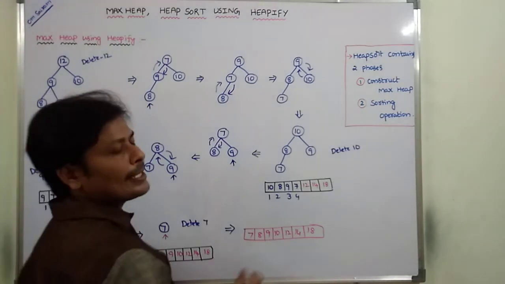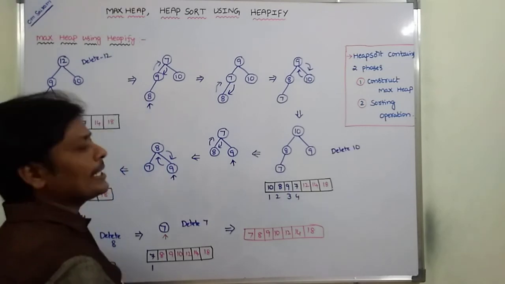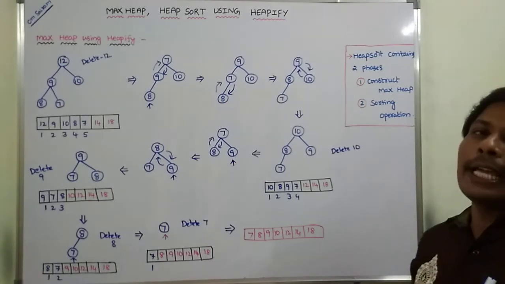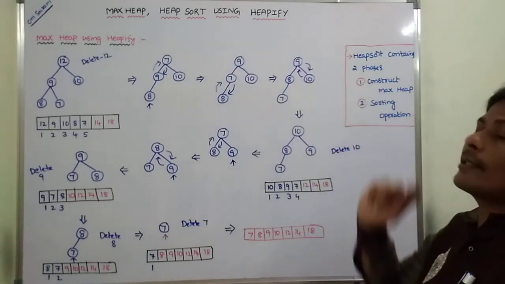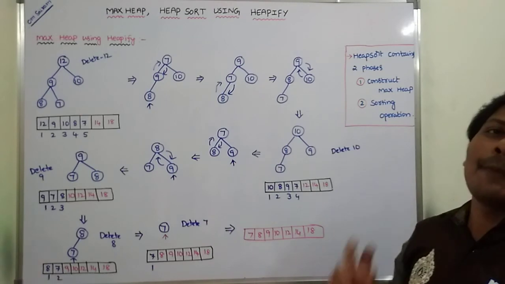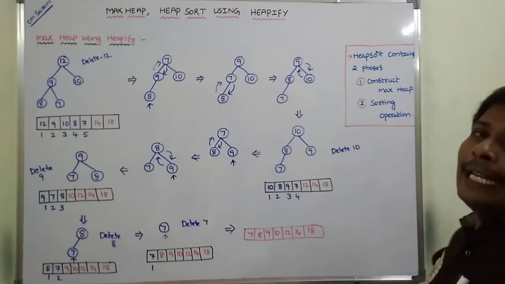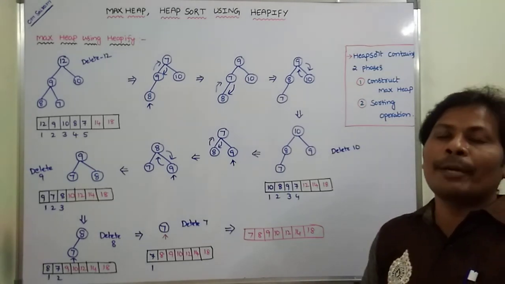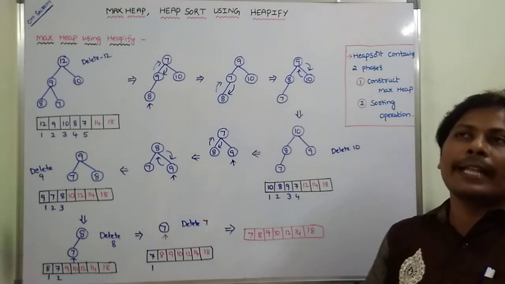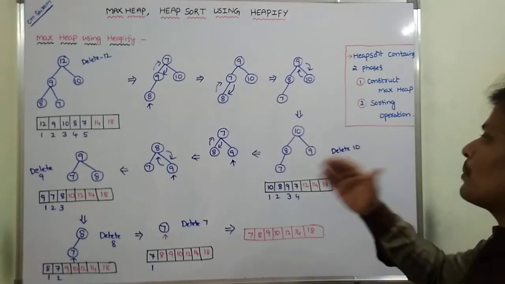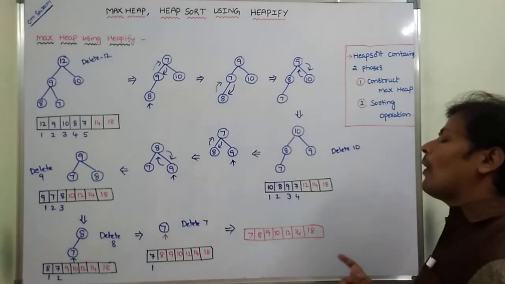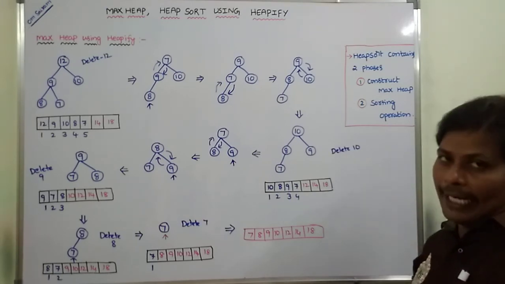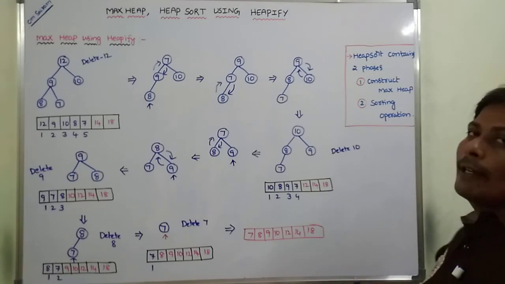So this is the final sorted array. In this way we have to apply the Heapify property for doing heap sort. First we have to construct the maximum heap using Heapify property. After that, delete the maximum element at the root node. Again we apply the Heapify property and satisfy the maximum heap property. This procedure is repeated until all the elements in the array or complete binary tree are sorted. Okay, this is the final sorted array.